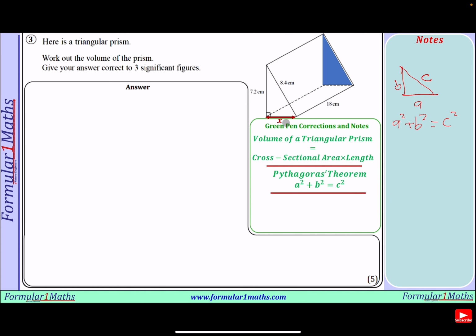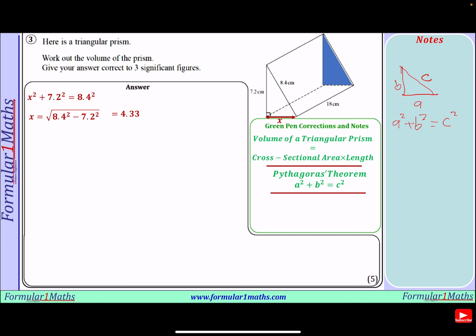So using Pythagoras Theorem, we have x squared plus 7.2 squared is equal to 8.4 squared. Then solving for x, you're going to get the square root of 8.4 squared minus 7.2 squared. Evaluating will give you 4.33. So x is 4.33.